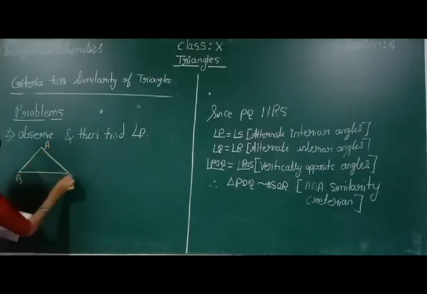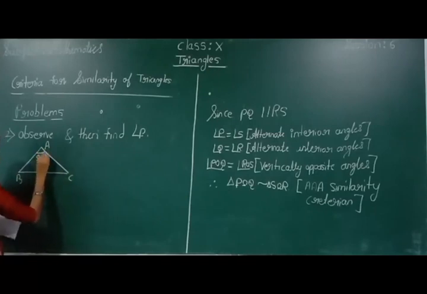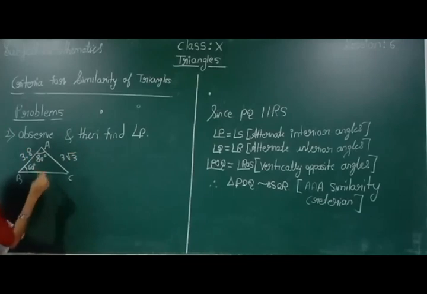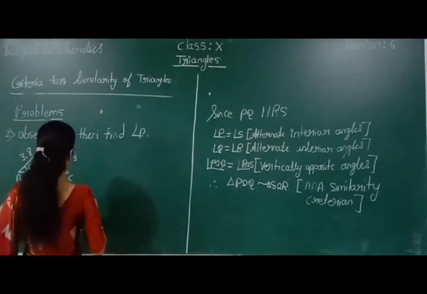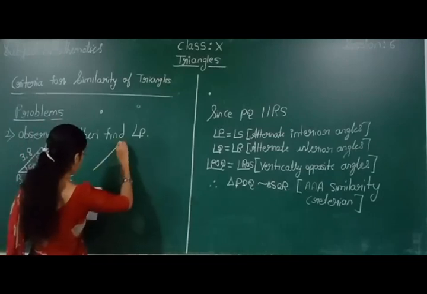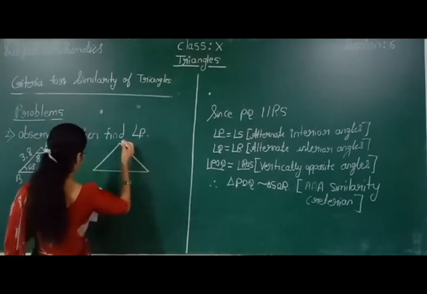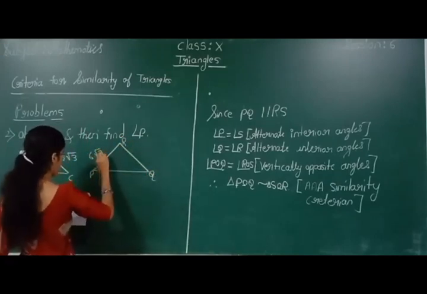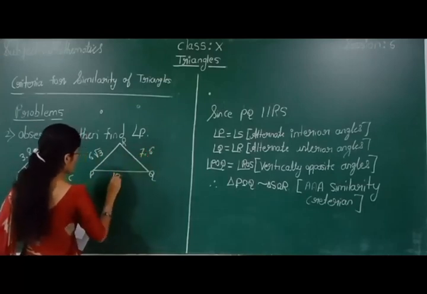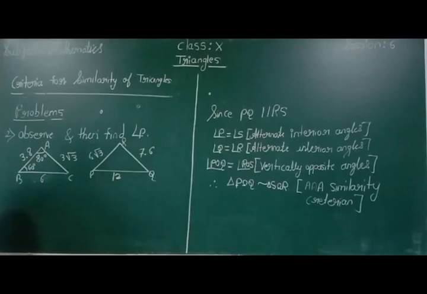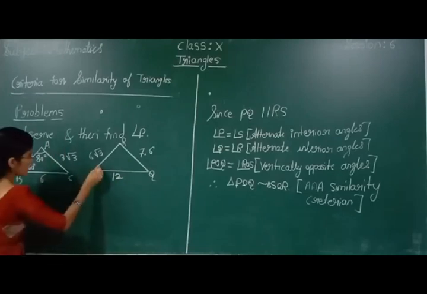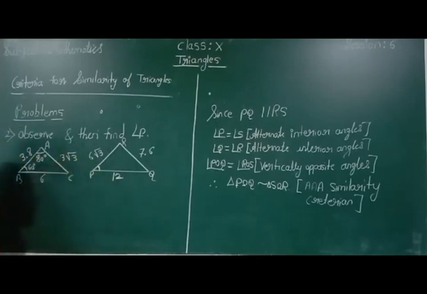Triangle ABC with 80 degree, 60 degree, 3√3, 3.8, and 6 given here. And one more triangle, RQP, with 6√3, 7.6, 12. Now what they are telling us is to observe and then find angle P. We have to find the value of angle P.